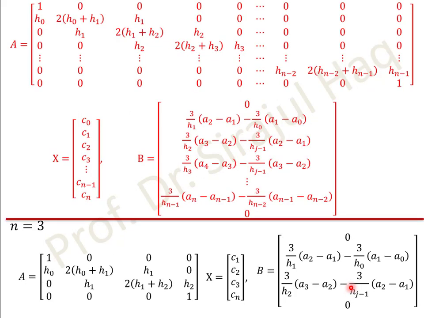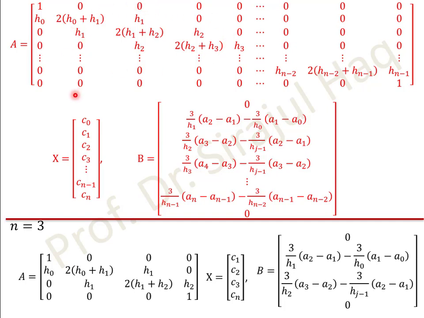Let's go further. This was the system which I discussed before, that we got the coefficient. This is the coefficient matrix of CIs, and this was the right side. Now in this example, the value of n is equal to 3. I told you there are 4 points, x0, x1, x2 and x3, so the value of n is equal to 3. So how will you reduce this coefficient matrix?